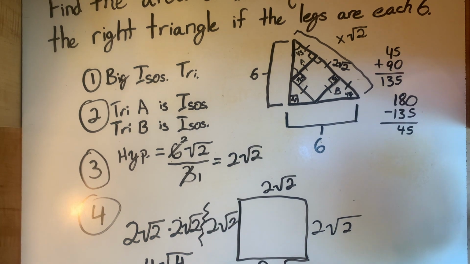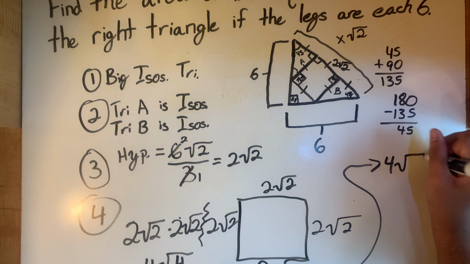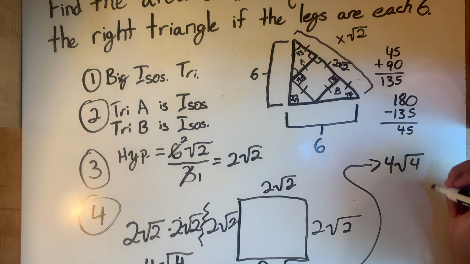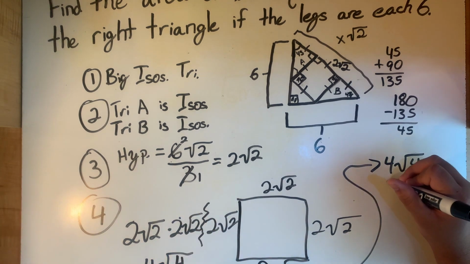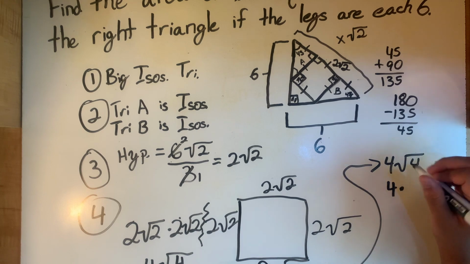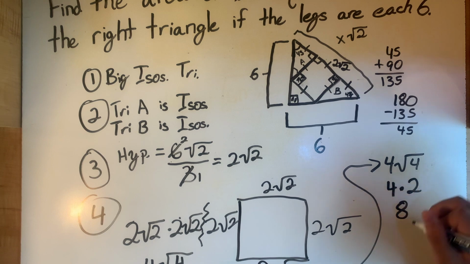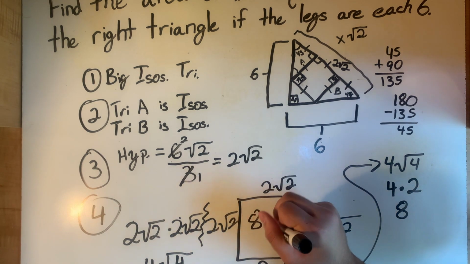So we have 4 times the square root of 4. The square root of 4 is what? If you know your maths, you'll know that the square root of 4 is 2. So 4 times 2 makes our answer 8. The area of this square is 8 units.